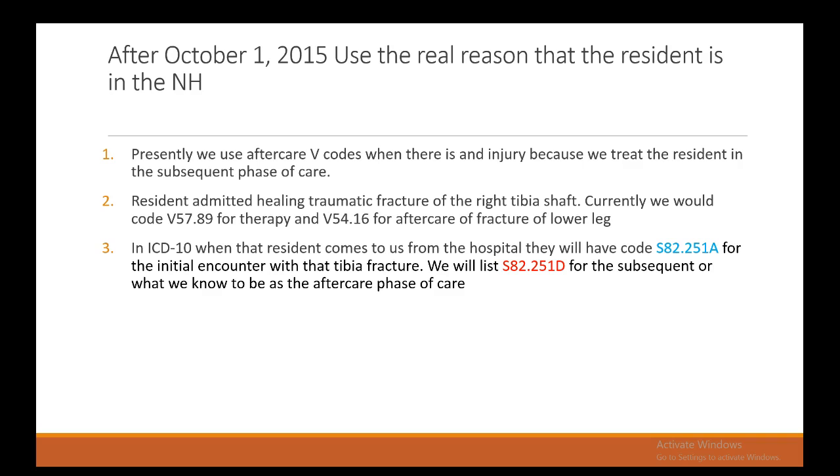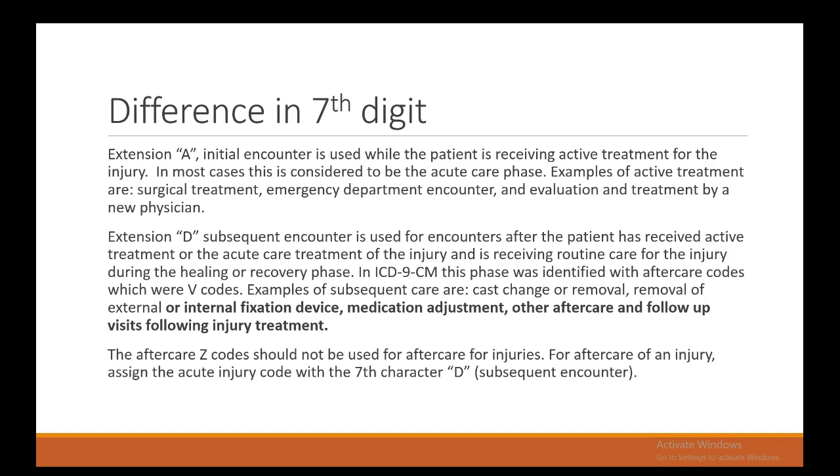And what we will do is we will list S82.25-1D for the subsequent, or what we know it to be, the aftercare phase of care. Now, this is how we're going to list instead of using that V57.89 or even those traumatic V codes. We won't use trauma codes anymore as V codes. We're going to use the real code, and we're going to change our 7-digit character to D.